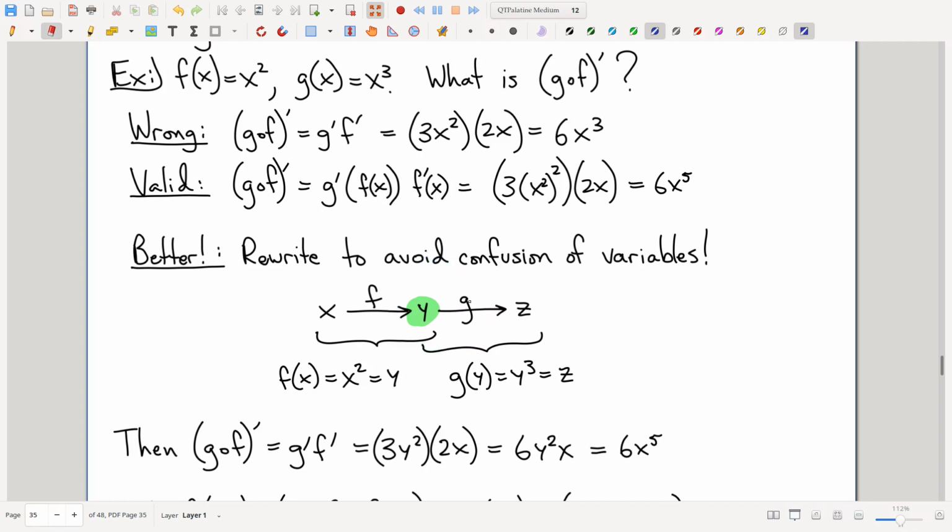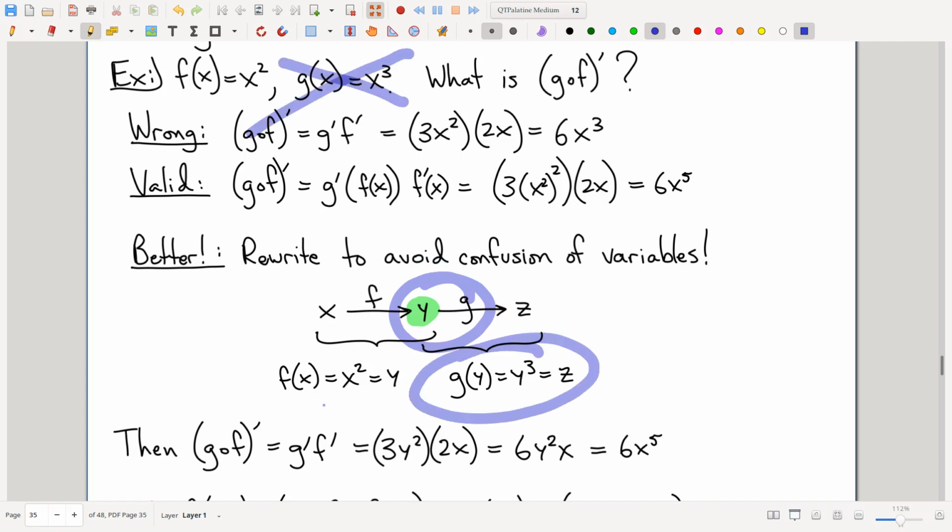Which means that when I write the formula for g, I can't do it like that. I should rewrite g like this. I should not use the same dummy variable for both of the functions. Completely unnecessary. Let's just write g in terms of this different dummy variable, y. And now there's no confusion of variables in the first place.